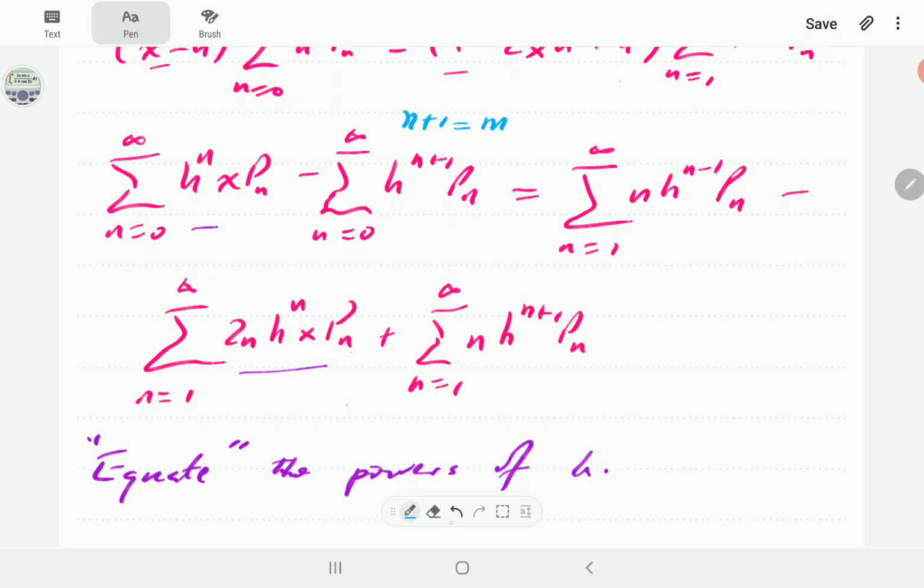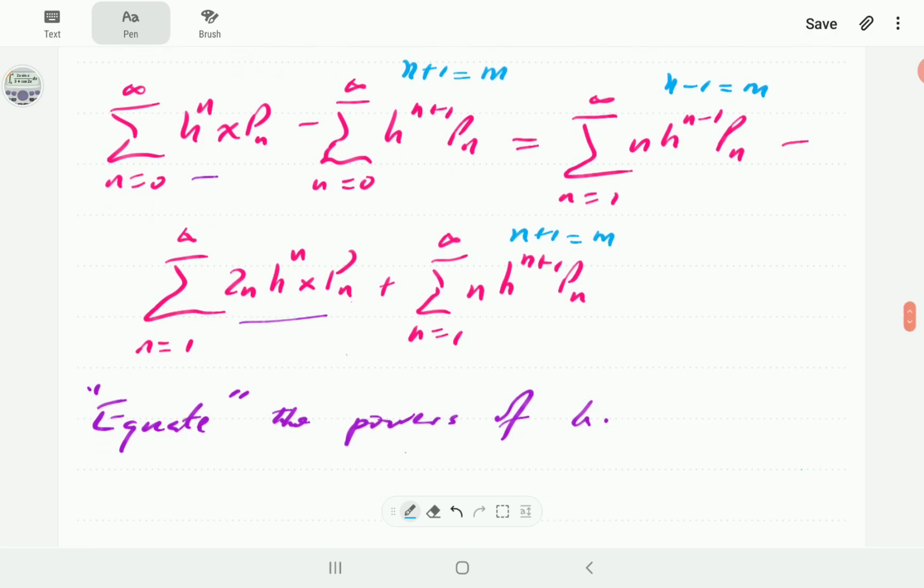This one has got power n minus 1. I'm going to let n minus 1 be a new power m. For the last one, we're going to do the same thing as with that first one there. So n plus 1 must be equal to m there.